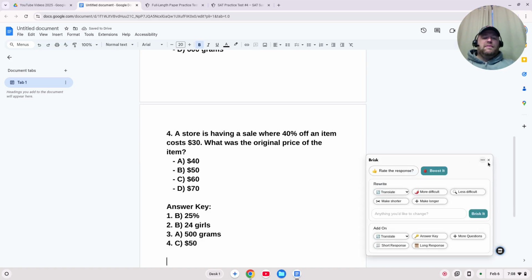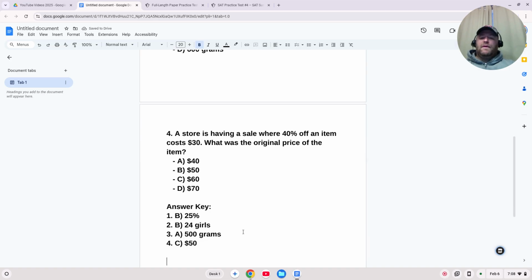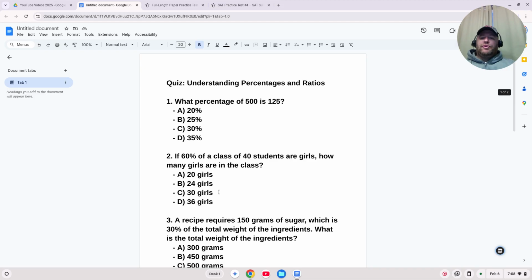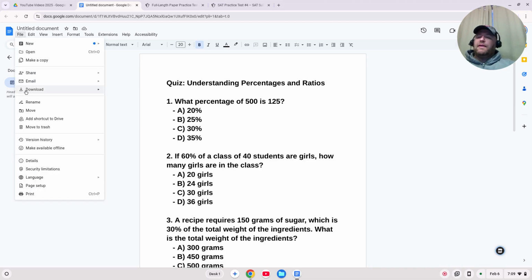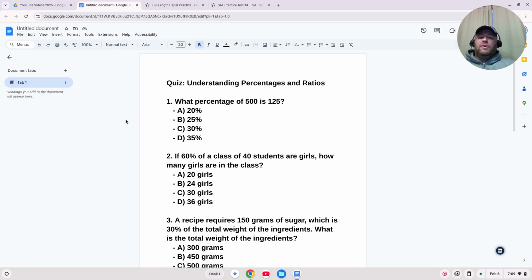And you see right here, it gives me each of the 4 problems with multiple choice and an answer key. So now what I can do is go to download, and download the PDF of the document.